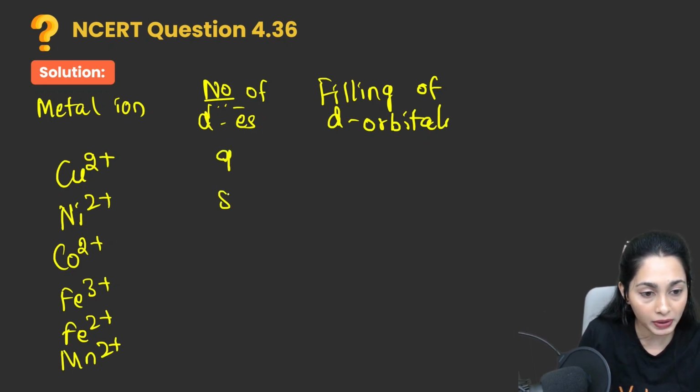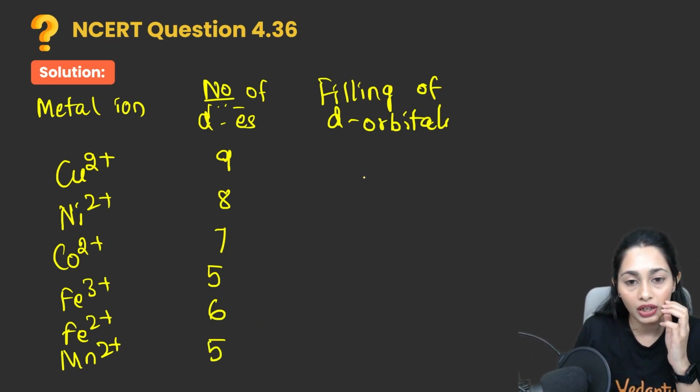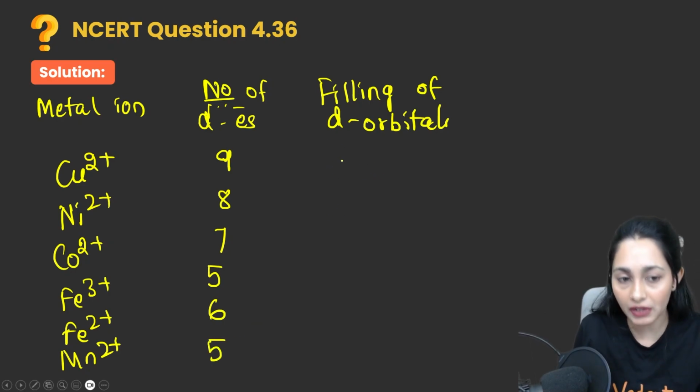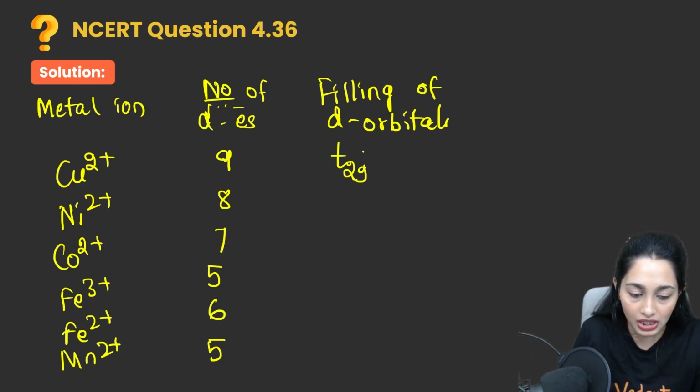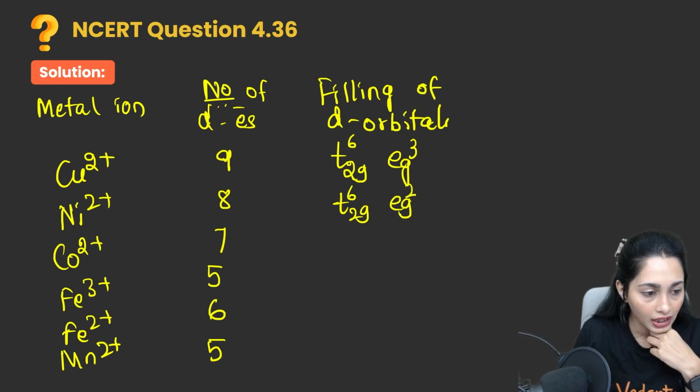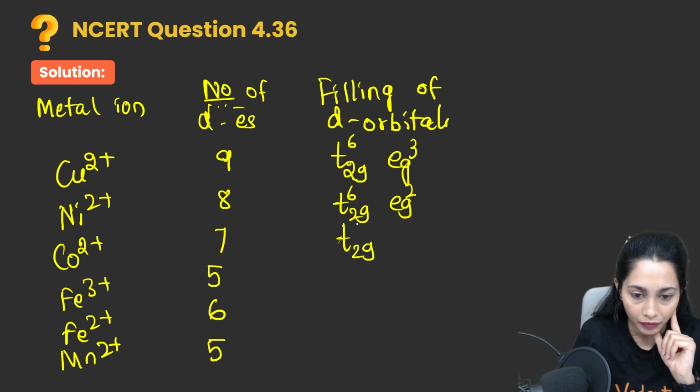In case of nickel 2 plus, it is 8, and for cobalt 2 plus, it is 7, and 5 for Fe 3 plus, Fe 2 plus has 6 and Mn 2 plus has 5. How are we going to accommodate the respective electrons in T2G and EG? Nickel 2 plus: T2G 6 and EG 2. Cobalt 2 plus: T2G 5 and EG 2.